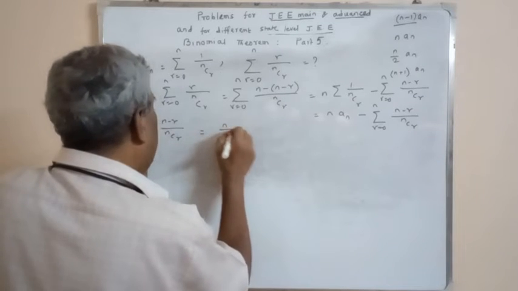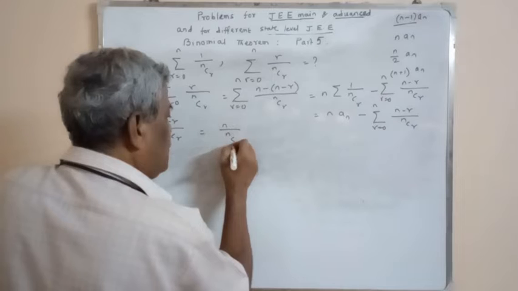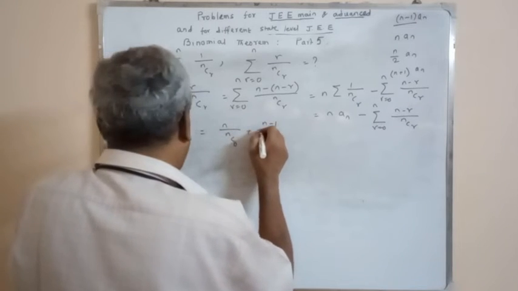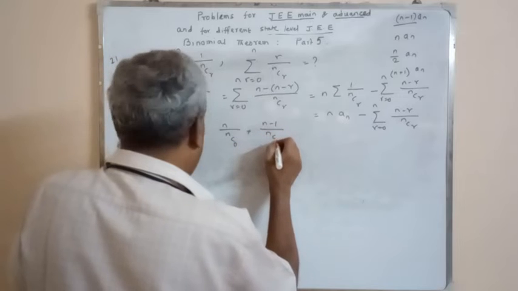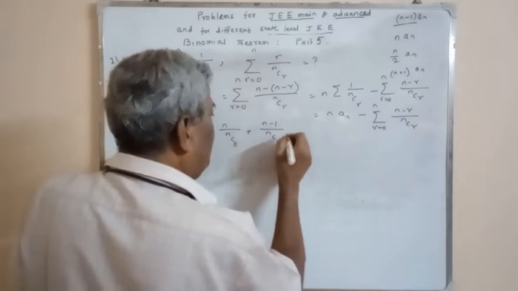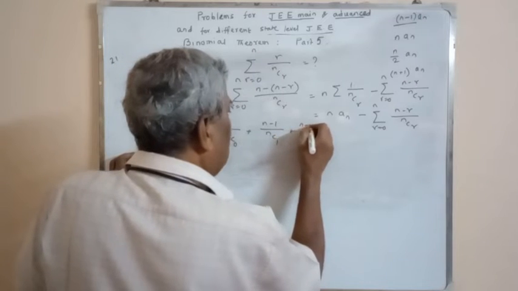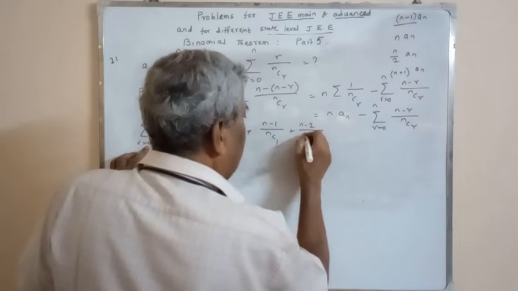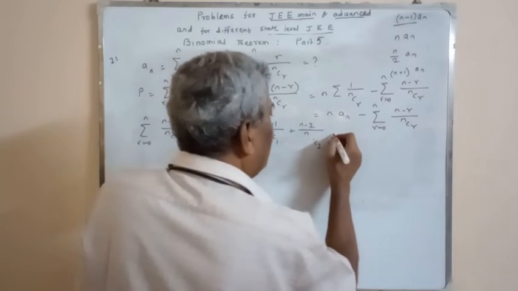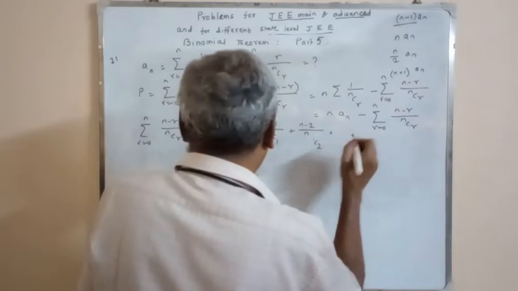So it is n by nC0 plus n minus 1 by nC1 plus n minus 2 by nC2 plus dot dot dot.